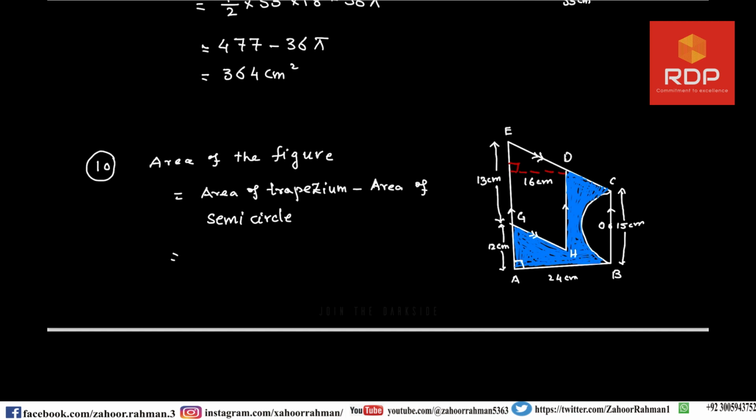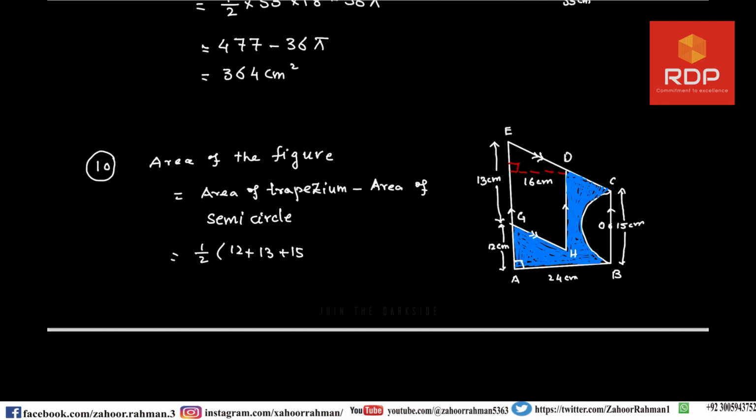Now simply we have to insert the values, and the values in the first case is 1 over 2 into 12 plus 13 plus 15.